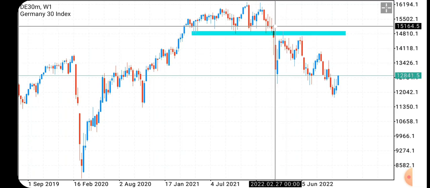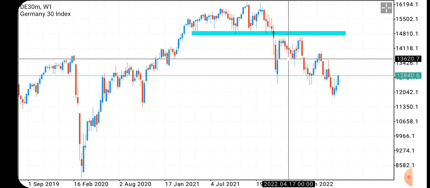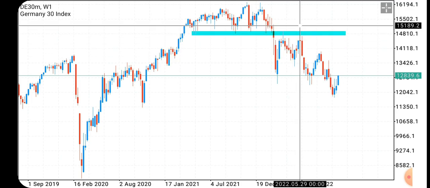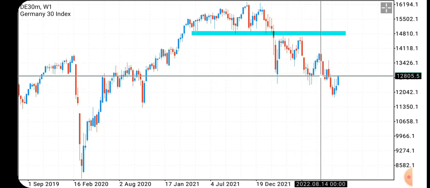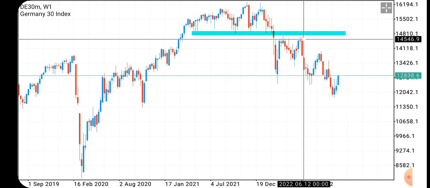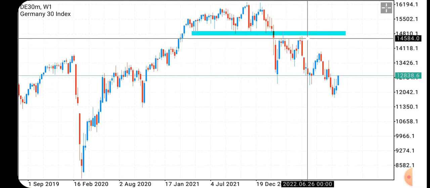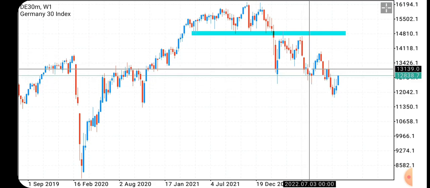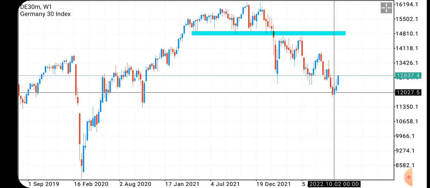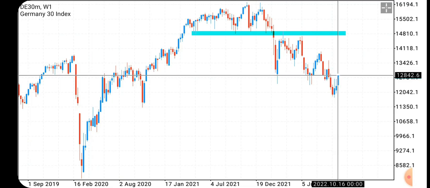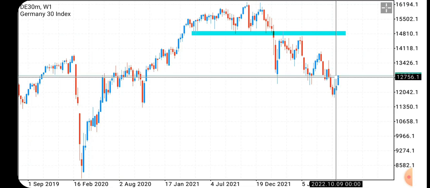So it gave us a retest and a further push to the downside, as we are seeing the market making a series of lower lows and lower highs, and this might be a new lower high, right?